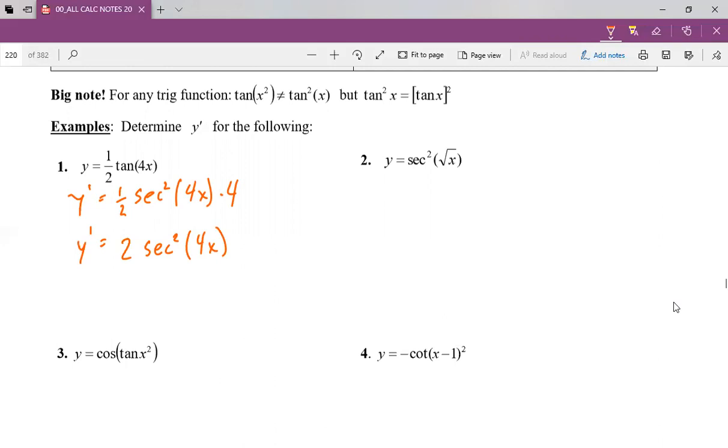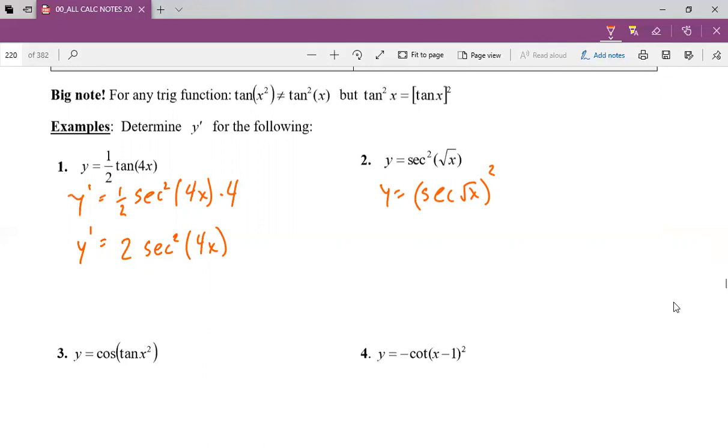Our next one, y is equal to secant squared of the square root of x. If this helps you, especially in the beginning, we might want to write this as secant of square root x, all squared, just to give ourselves a reminder that secant squared means secant times secant, secant root x times secant root x.